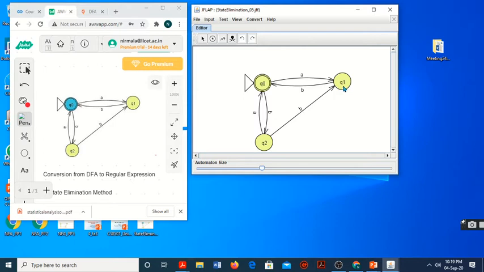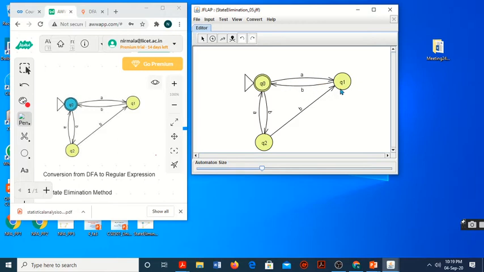So when we see here, there is a transition from Q0 on A and it comes back to Q0 with B. So there is a loop of Q0 to Q1 with string AB.